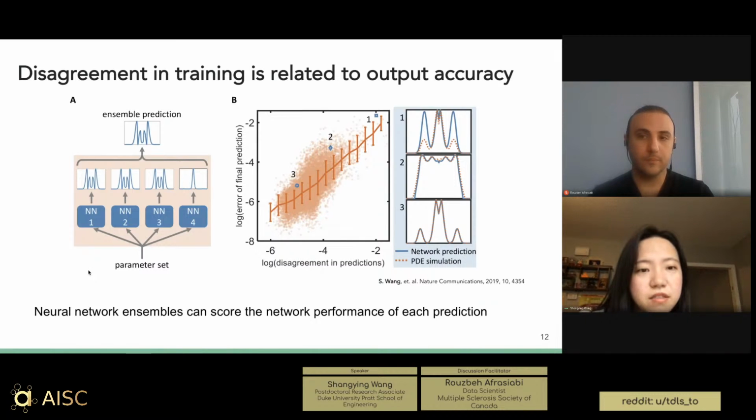I suspect the neural networks may be stuck in some local minima, but very close to the global minimum. So most of the predictions the neural networks make are very consistent. But for some predictions, if they totally disagree, that means they didn't do a very good job.